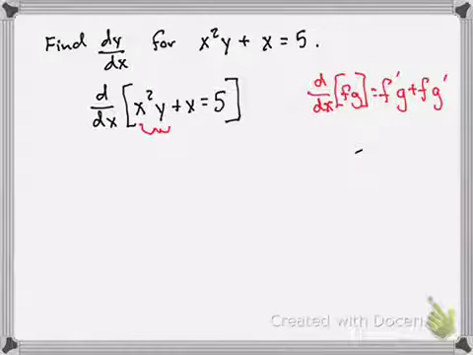And how we label doesn't matter for the product rule, as long as we have the derivative of one term, the other term left alone, and then swap the two terms. So we're going to apply the product rule here to x squared y.